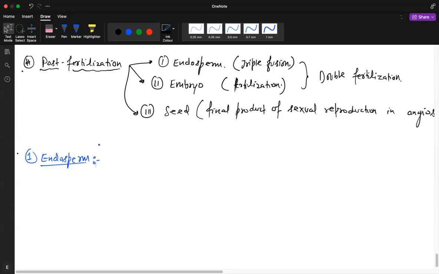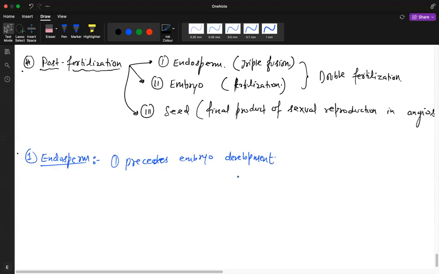That the food comes first, right? So in this case also, endosperm development happens first. So the first point about it is that it precedes, or develops before, embryo development. Is that clear, everyone? Why? Because it provides nutrition.